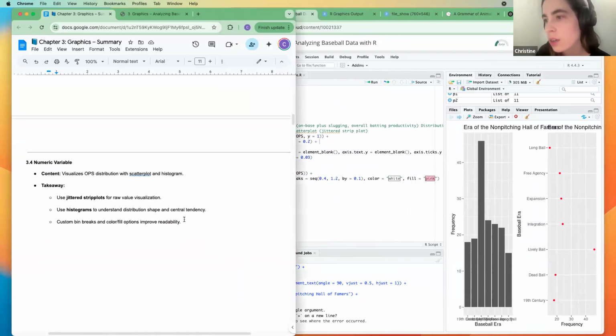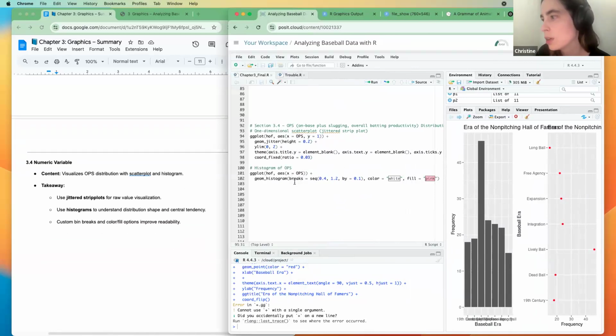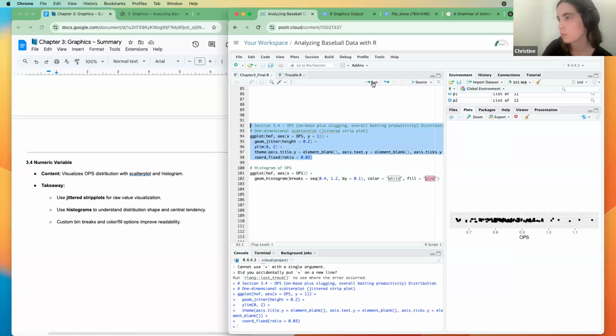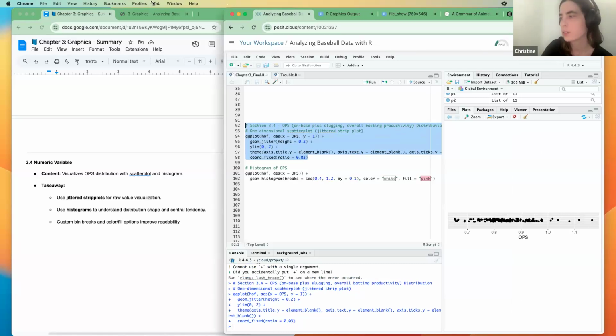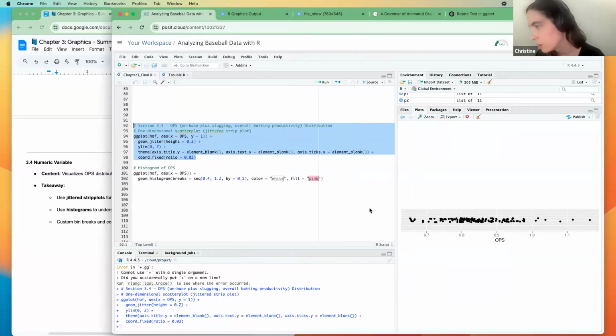And looked at creating some custom bin breaks in color. So let me run this. Yeah, I thought this plot was a little bit not impressive, but it was interesting to see.